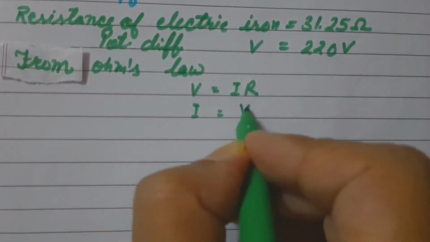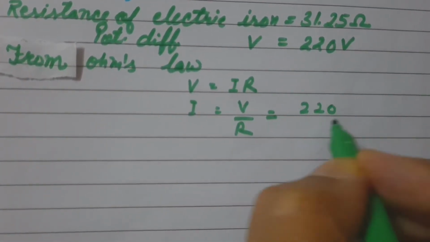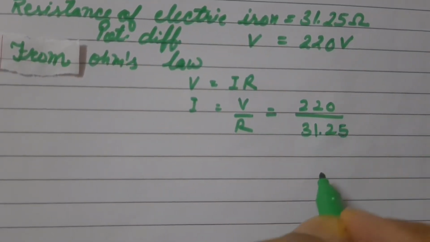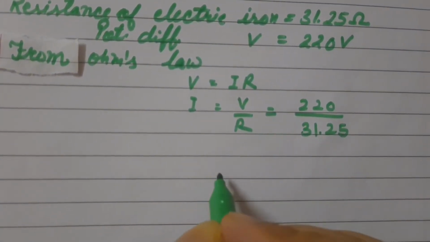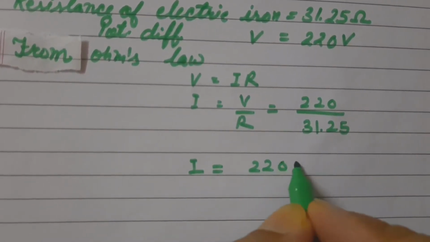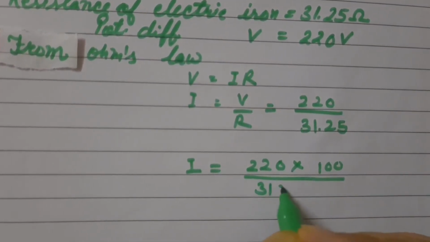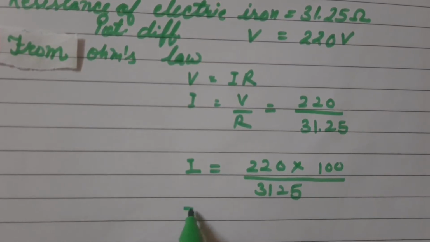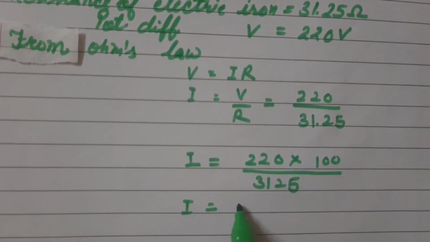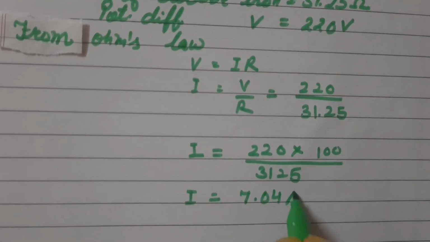So I is equal to V upon R. Let us fill the value. V is 220 and R is 31.25. When we calculate this, answer will be 7.04 ampere.